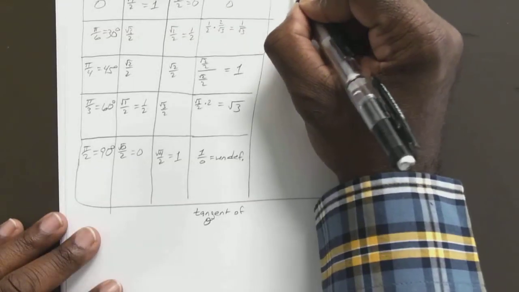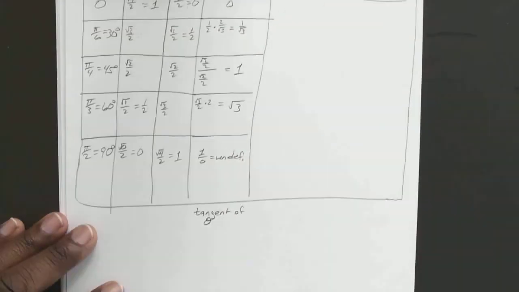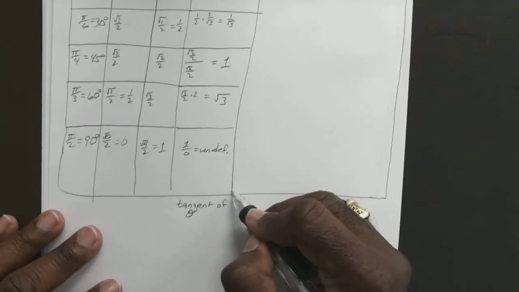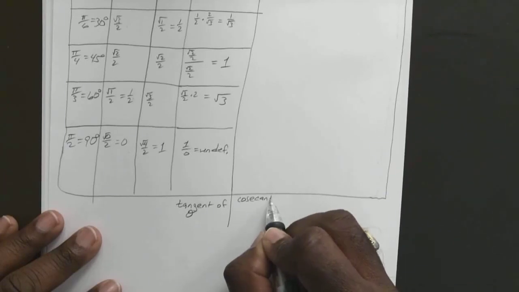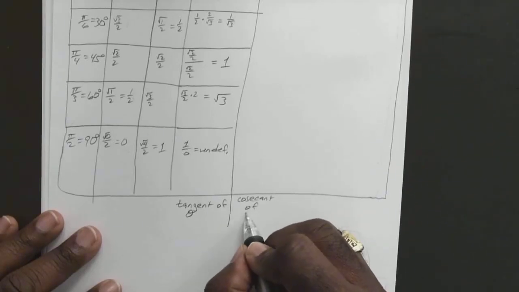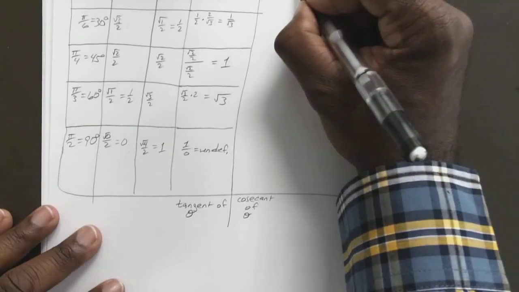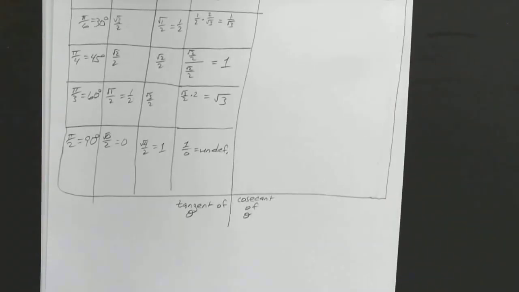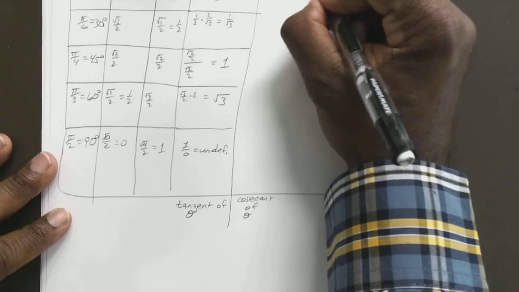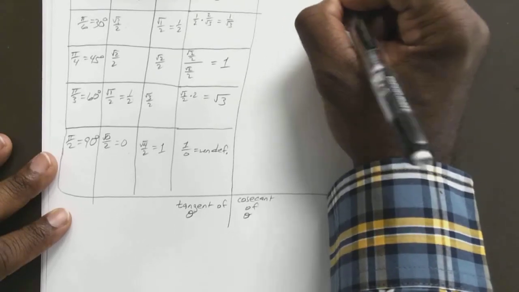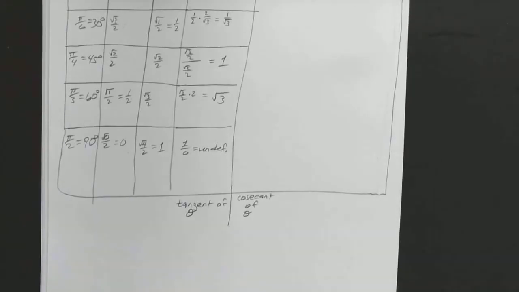So that leaves our cosecant of theta. So cosecant of theta, and that's just the reciprocal of sine. So whatever sine theta is, you just flip it.